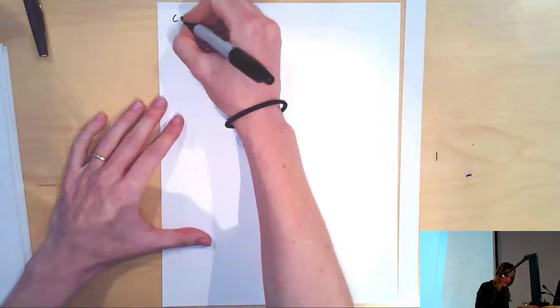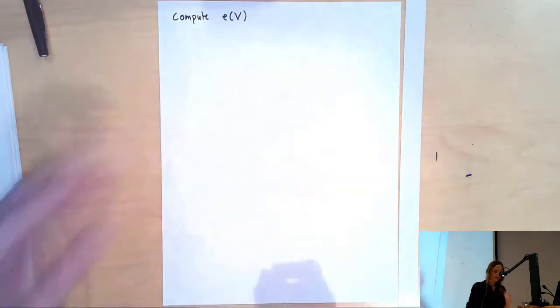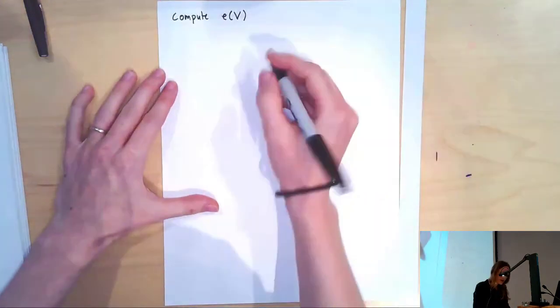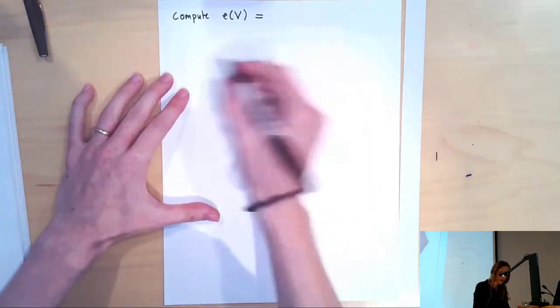So we can compute this class as we did in the first lecture. We can say that E of V can be computed as follows.